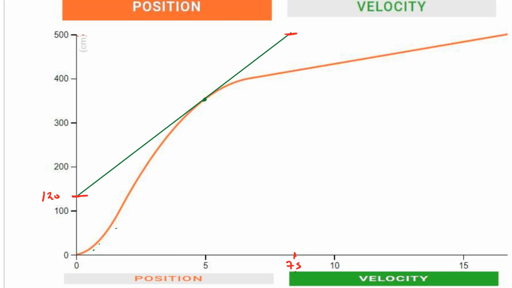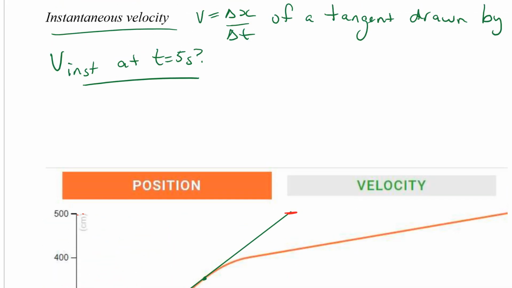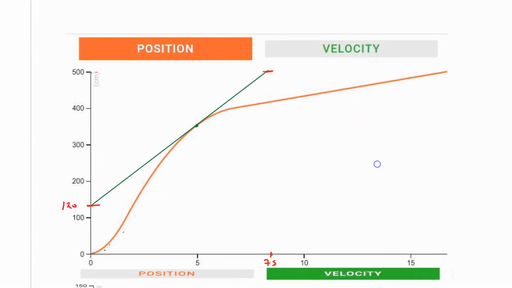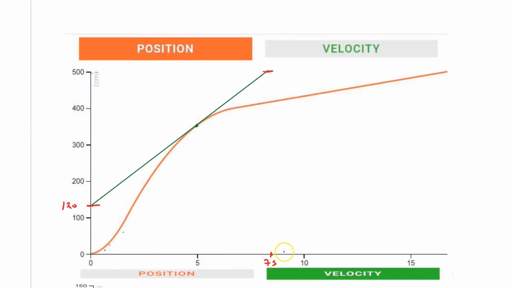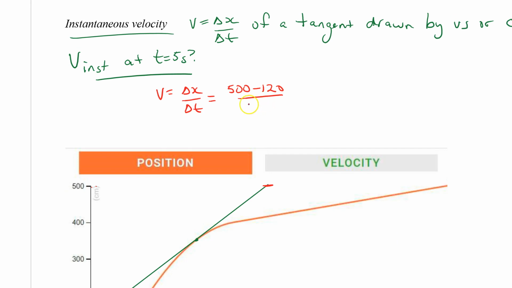So how would we figure that out? Well, let's go over here. This velocity, again, is going to be delta x over delta t. How much did the position rise? The position rose from 120 to 500, so it's going to be 500 minus 120. How much time went by? That's a little bit easier because it started from 0 and went to 7, so I'm going to say 7.